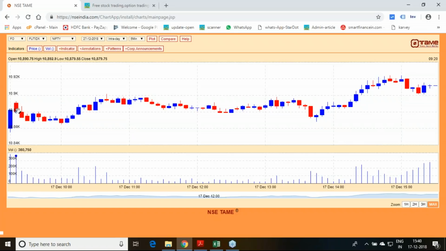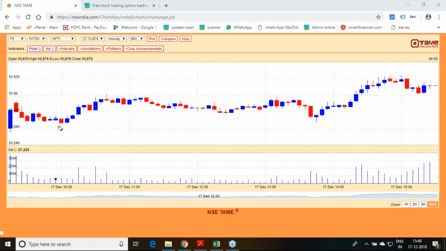Here too you came to the same level of 10,891, and you got one dip till 10,866 around that time. In the fourth 5-minute candle, around 9:20 or 9:25, you again came down to 10,869, and here too 866.